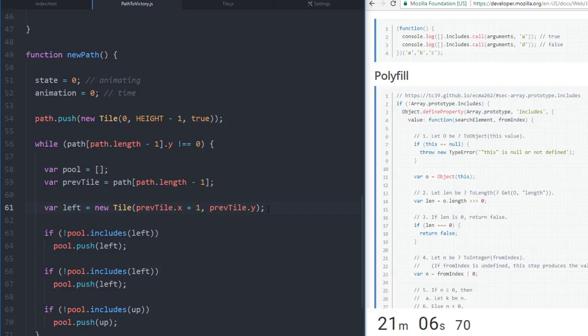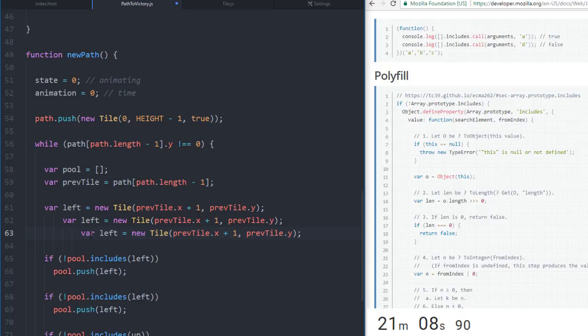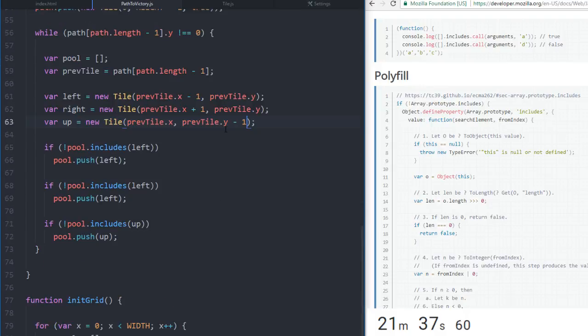Okay, and we will say var left, right, and up. Left, right, up, right. My bad. Left is minus 1. Right is plus 1. Up stays the same, but adds to the y, or subtracts to the y. My bad. I hope it subtracts on the y.